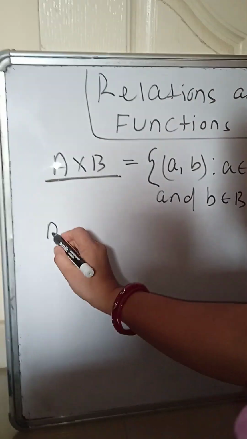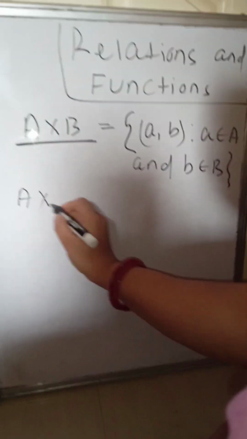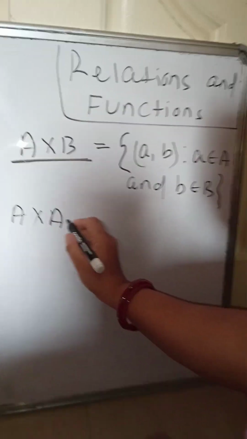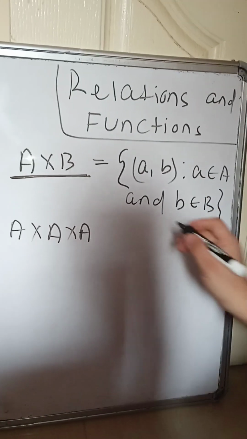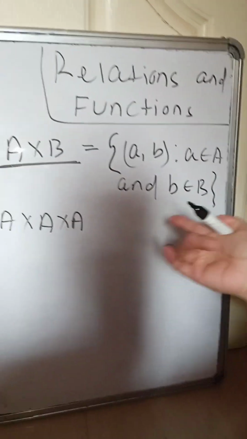Previously we also discussed the ordered triplet. If you are considering three sets, you can take the same set also, no problem.